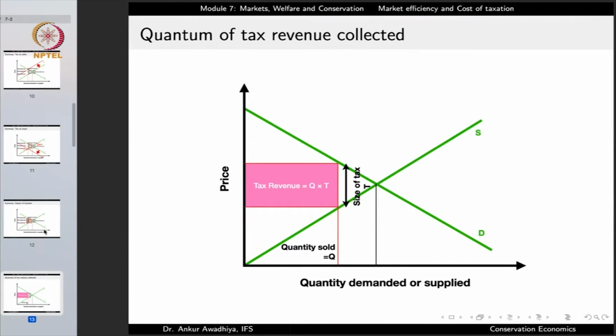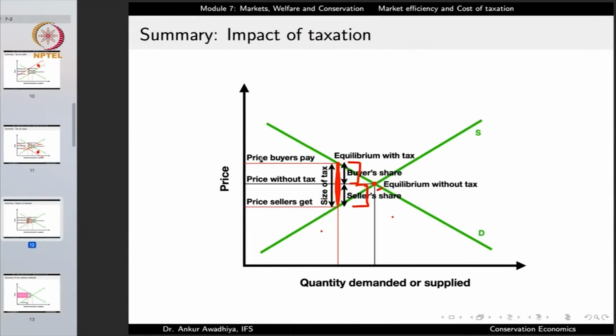So, what we were seeing is that earlier the equilibrium quantity was this, but with the tax, the new equilibrium quantity is this. So, this equilibrium quantity or the number of units of pen that are getting sold after the tax multiplied by the size of the tax.